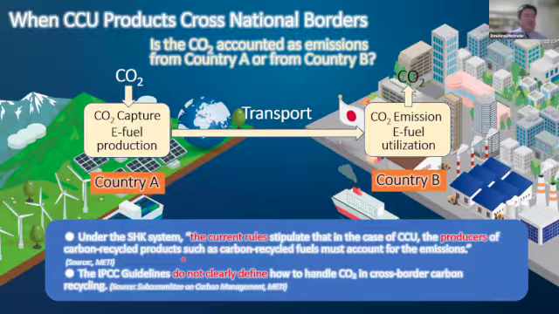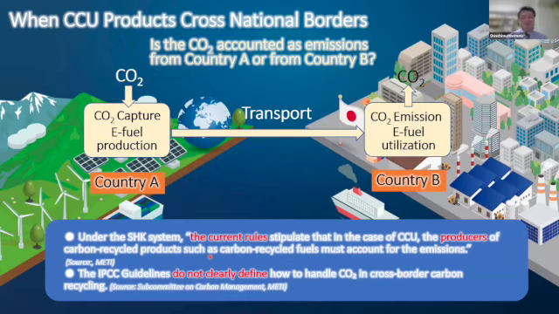Based on these rules, the current rules stipulate that in the case of CCU, the producers of carbon recycled products must account for CO2 emissions. So from Japan's SHK system, country A must account for this black CO2 emission. And right now, the IPCC guidelines are being revised until 2027, but they do not clearly define how to handle the CO2 if the CCU product is transported across the border.